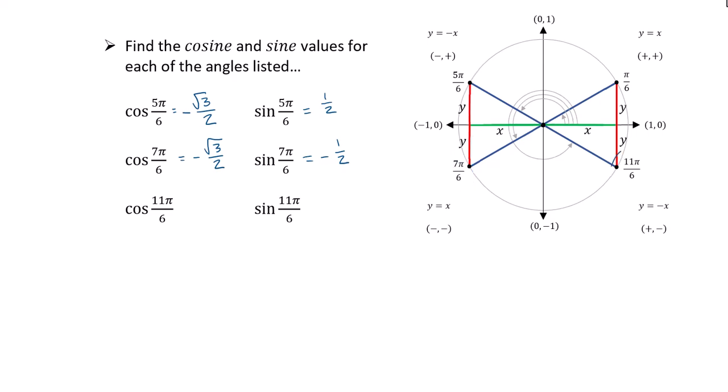Cosine of 11 pi over 6. 11 pi over 6 is over there. We can see the cosine is going to be the same as for pi over 6. So the cosine is a positive square root 3 over 2, but the sine is negative 1/2 because we had to travel down to get to that point.